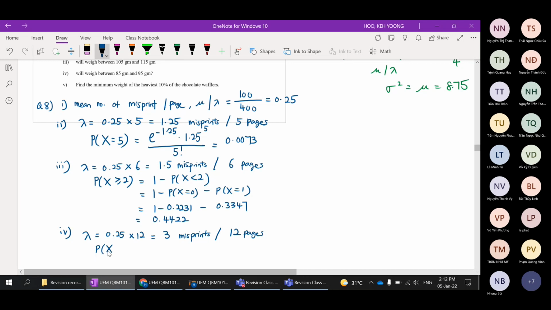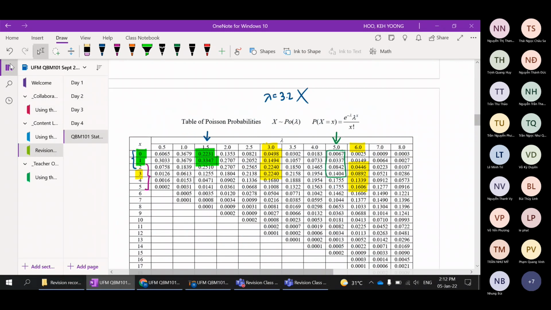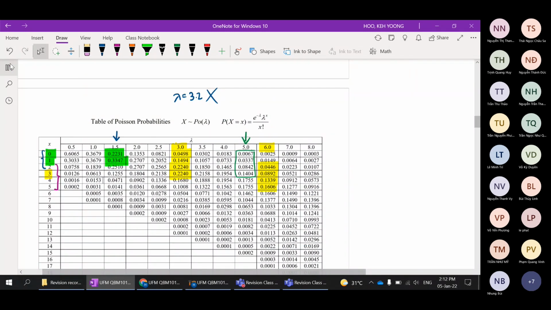What probability do you want to find? Probability of less than 3 misprints. So less than 3 means 0, 1, and 2. You check whether you can find it from the statistical tables or not. This time we have 3, so we look at 3.